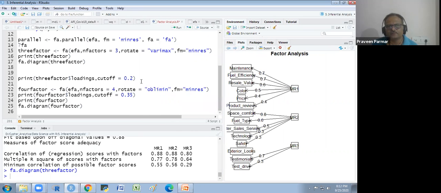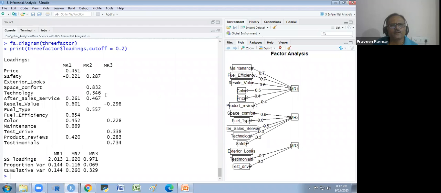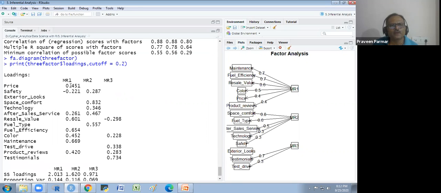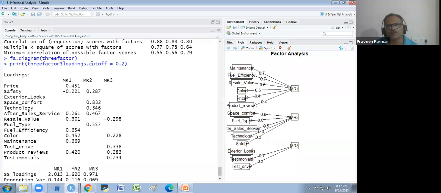If I take 4, I use this one. Why have I taken this? 3 factors. Okay, I understand. Price and safety I have taken here with the cutoff of 0.2, so loadings more than 0.2 are allocated here. I see price and safety, which were not in the previous one.